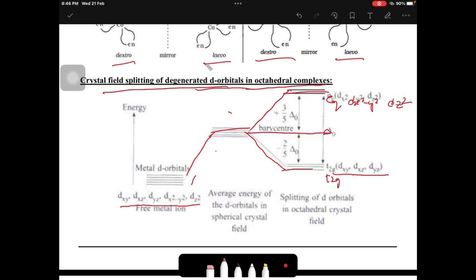It is an energy barrier; the difference in energy between these two is delta O. The energy of eg is increased by +3/5 delta O and the energy of t2g is decreased by -2/5 delta O.